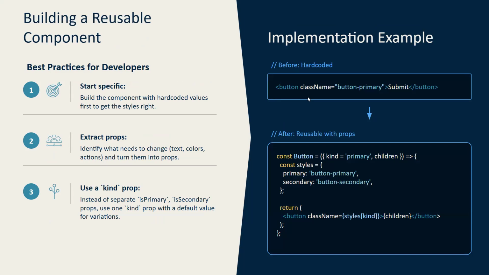It is a special prop that represents whatever we place in between a component's opening and closing tags. So instead of hard coding the button label, we can pass in something like submit or save or cancel as the children. That makes the component much more flexible, while the parent controls the content inside.